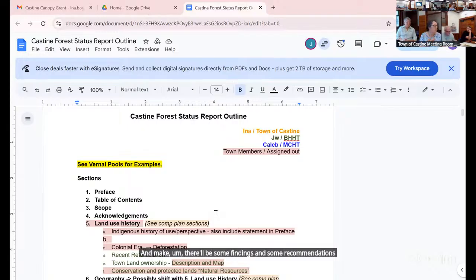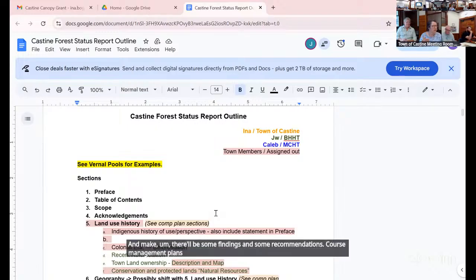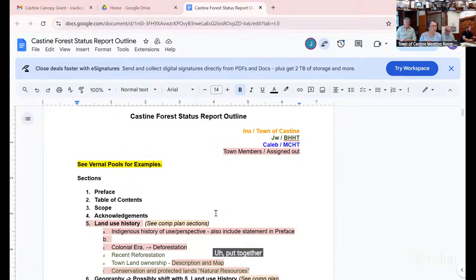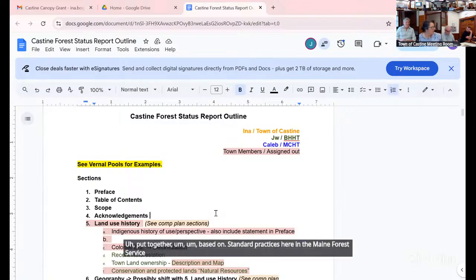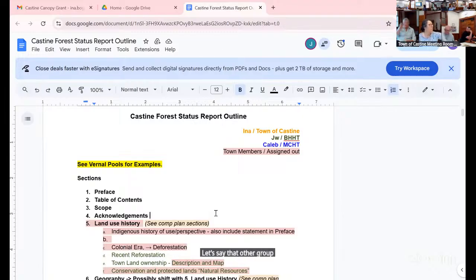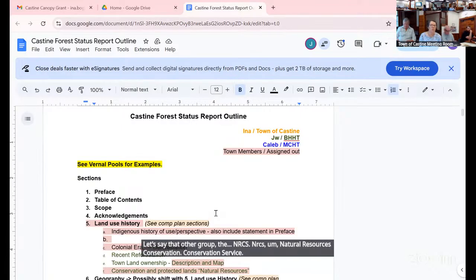The forest management plans will be put together based on standard practices of the Maine Forest Service and the NRCS, Natural Resource Conservation Service. So that's what's going on with that.